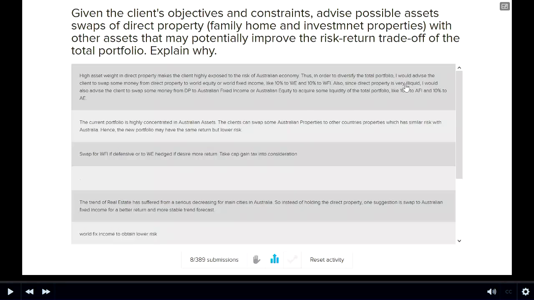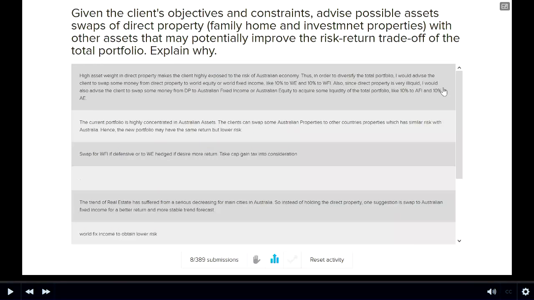To address that, advise the client to swap to Australian fixed income or Australian equity to improve the liquidity of the total portfolio. With that response, in an exam context, you probably will get very close to 85% to 100% of the total marks available.